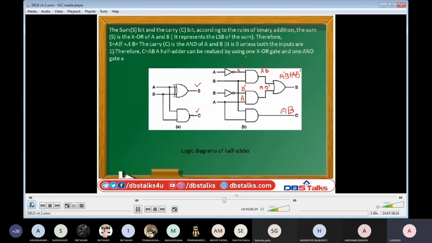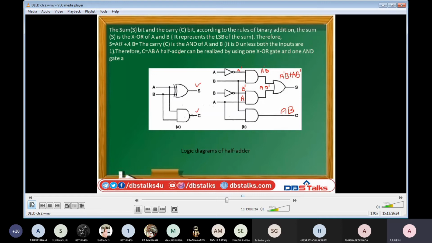See here what they have written: the sum bit and the carry bit, according to the rules of binary addition, the sum is S, which is the XOR of A and B, and it represents the LSB of the sum. Therefore, S is equal to A complement B plus A B complement.